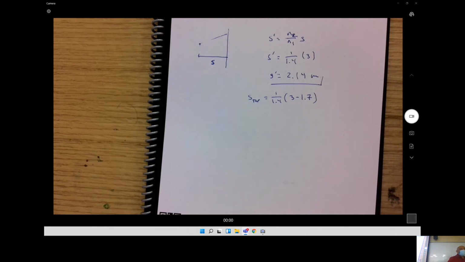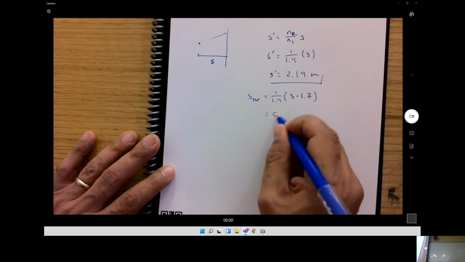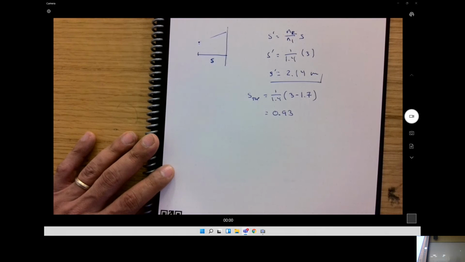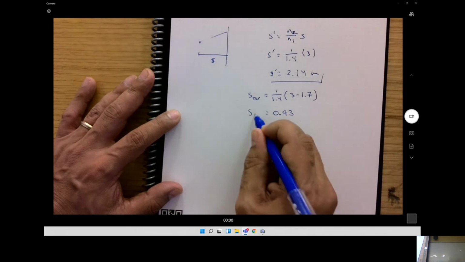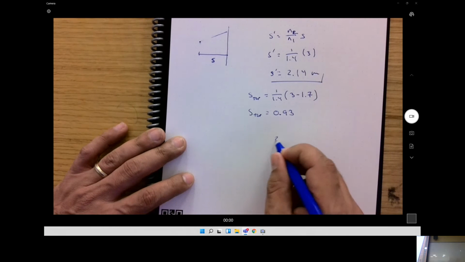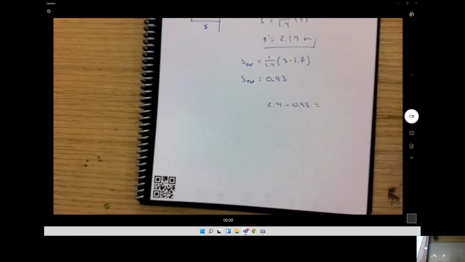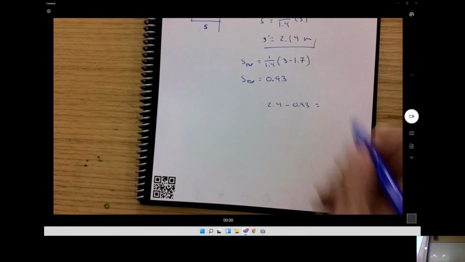What did you get? Say that again? 0.93. Okay, so the height of this person underwater will be the 2.4 minus the 0.93. There is 1.6. 1.2, 1.21.